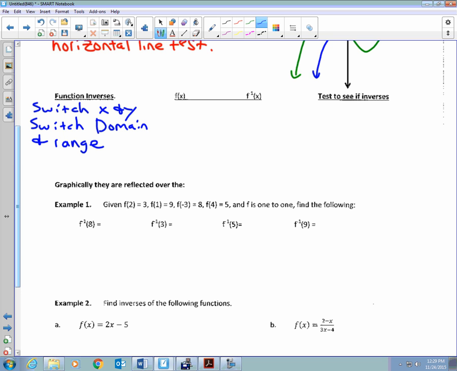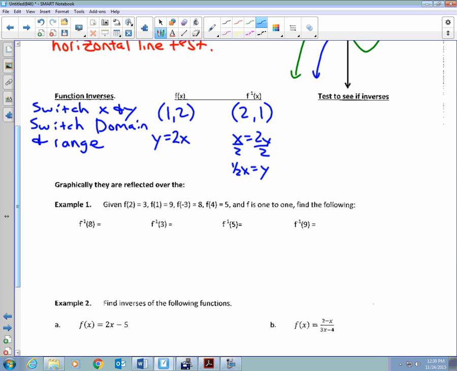So, for example, suppose I had a function of (1, 2). That's just a single point, correct? What would be the inverse function? (2, 1). Suppose instead of 1 point, I actually had a function rule, say y equals 2x. What would the inverse be? x equals 2y, and then I would solve for y. I would get 1/2 x equals y.